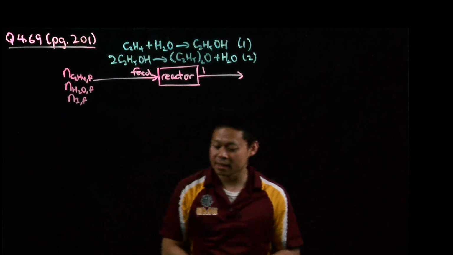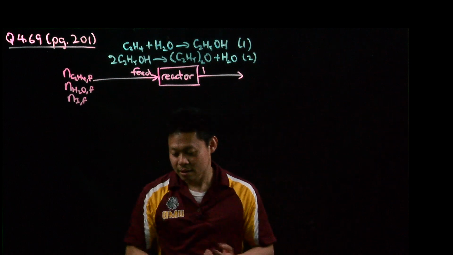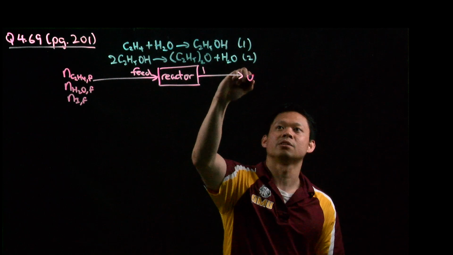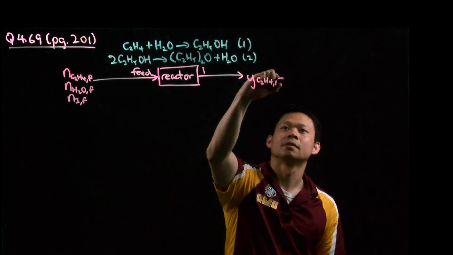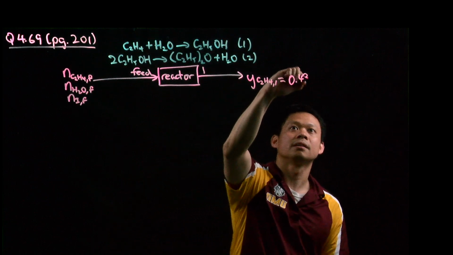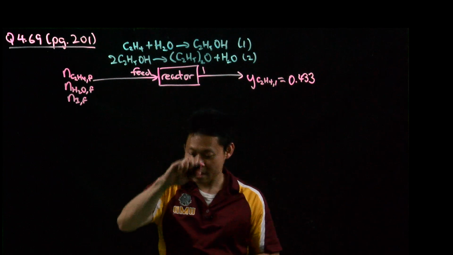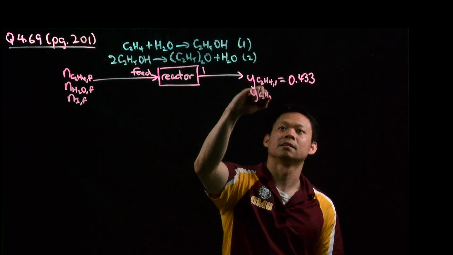Now we are given the composition of our effluent stream. In terms of mole fraction, ethylene is 43.3%. We are told that 2.5% is our ethanol, so that's what we want.